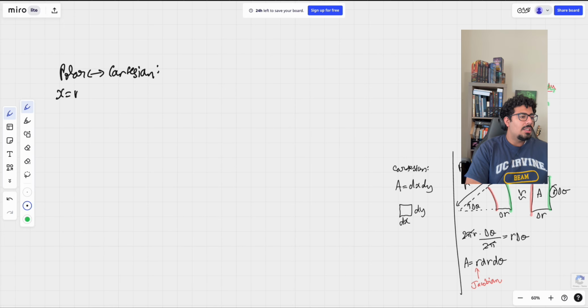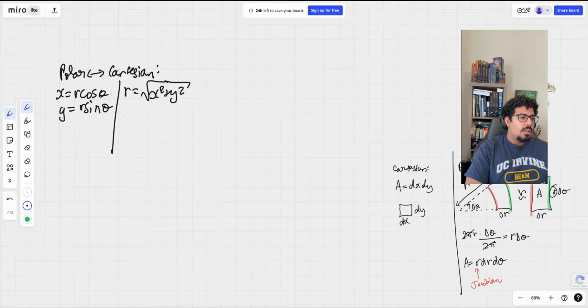We have x equals r cosine theta, y equals r sine theta, and then we also have r equals the square root of x squared plus y squared, and theta equals the arctan of y over x.